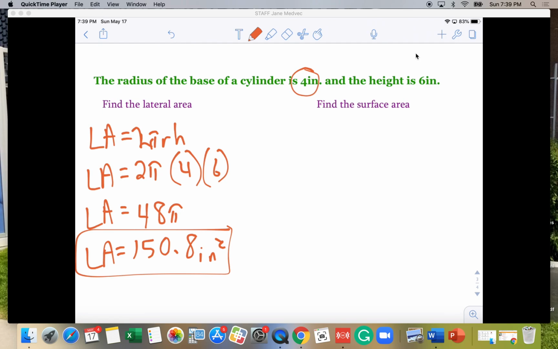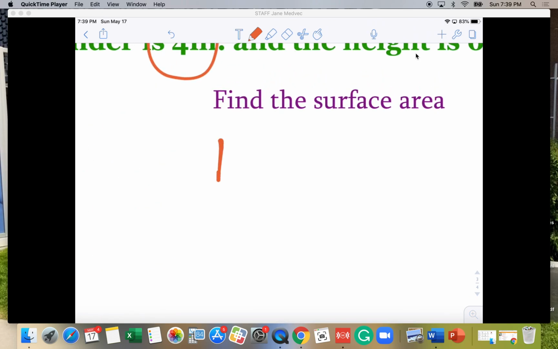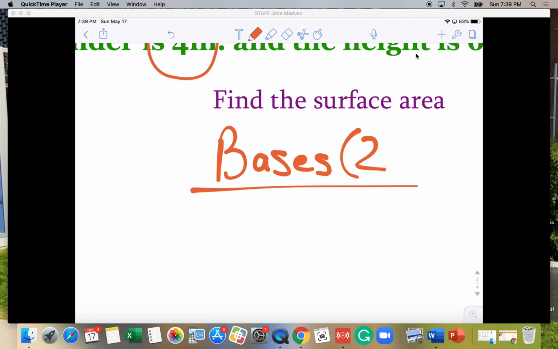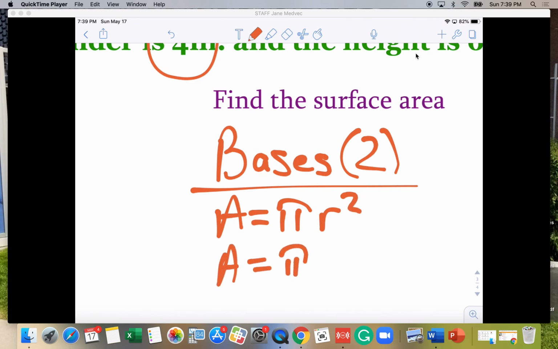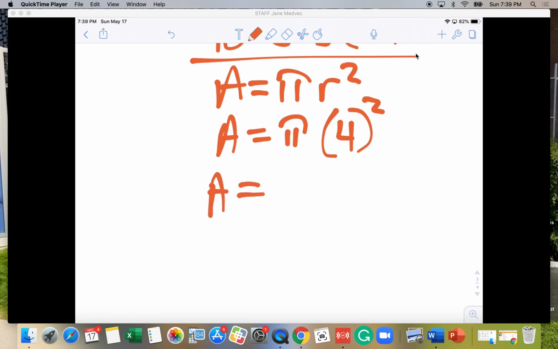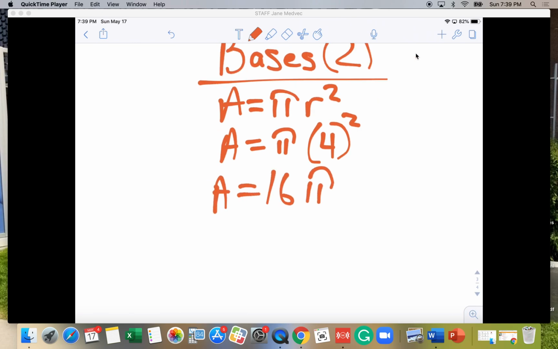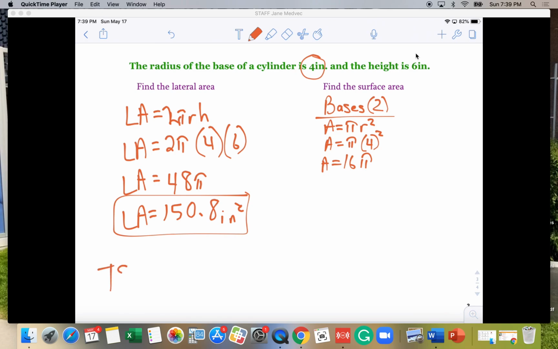Okay, and then to find the total surface area, of course, you'd take the bases, and there's 2 of them. And it was 4. Okay, and then the total surface area then is 16 pi plus 48 pi.